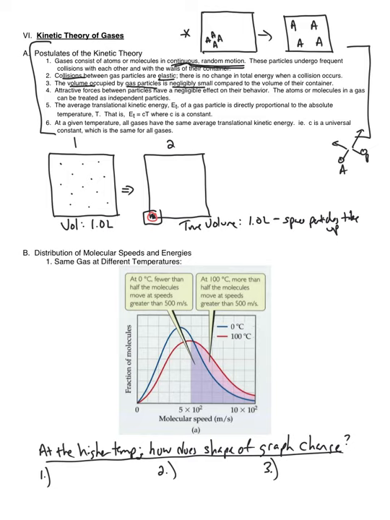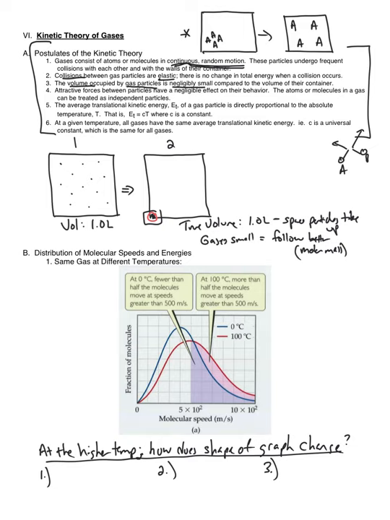Gases that are small follow this assumption better because they take up less room. So look at the molar mass of a gas. The smaller the molar mass, the smaller the gas is physically, and therefore it takes up less room.